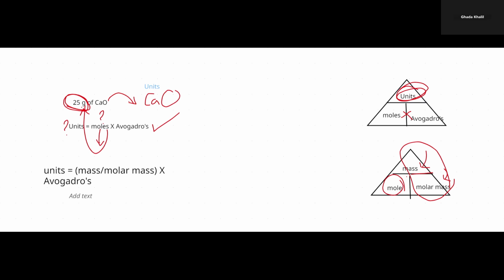The result is multiplied by Avogadro's number, a constant equal to 6.02 times 10 to the power 23.